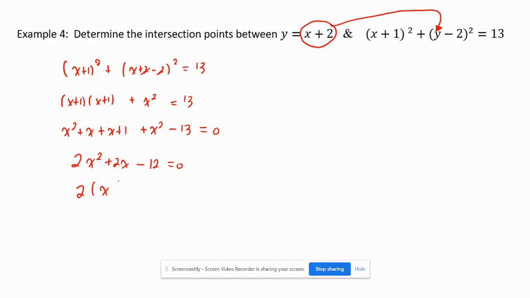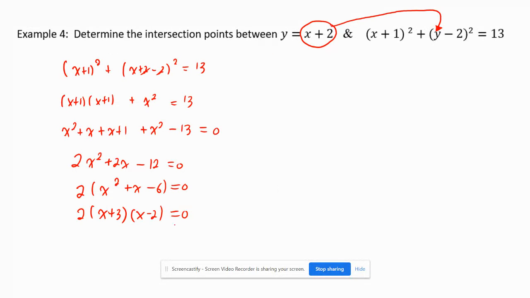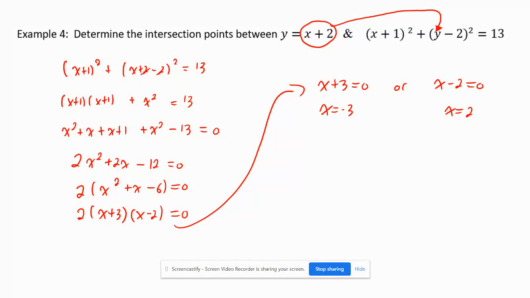And if I just factor 2 out of this, like this, all right, so we have x = −3 and x = 2. Now, we're not finished yet, guys, because we still need to figure out the y values.